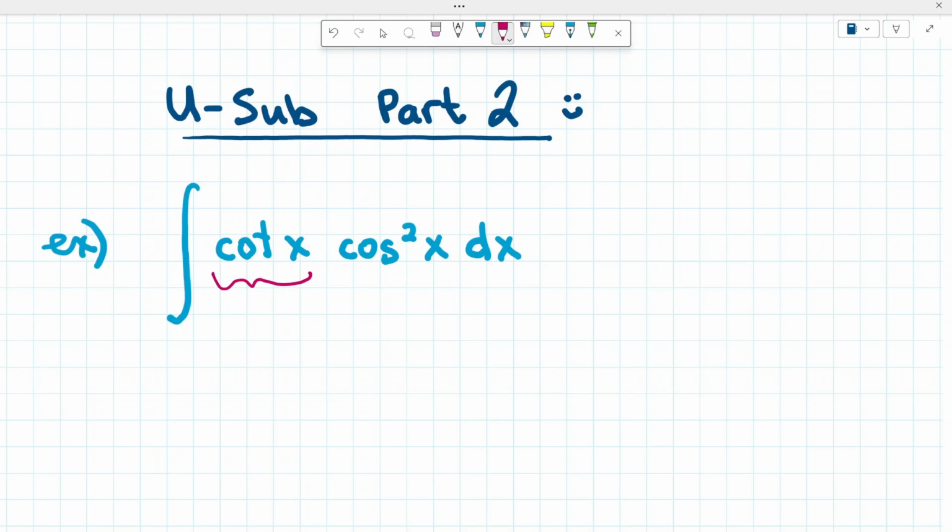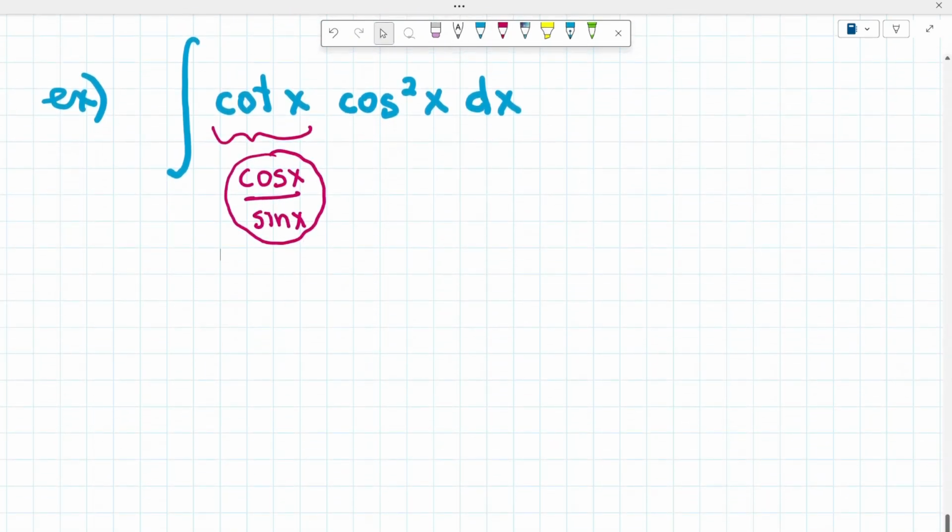So right away we can see that cotangent is equivalent to cos x over sine x, because we know that tan equals sine over cos, and tan is the reciprocal of cotangent. So let's go ahead and put this substitution in right away, because I find it's always nicer to deal with integrals that have the primary trig ratios instead of the reciprocal ones.